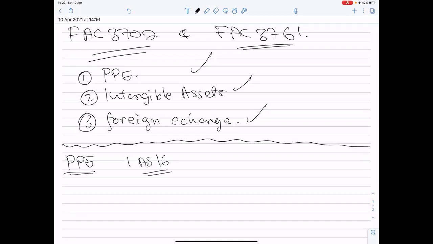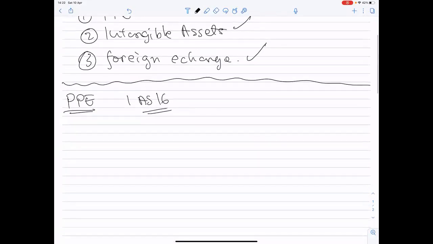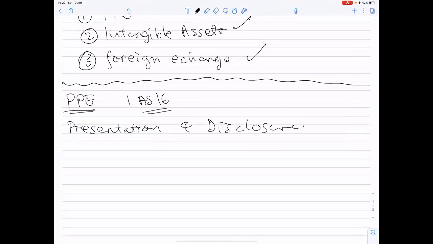But we don't have to go much into detail about IAS 16 because you've been doing it since you were first year. So the important thing with property, plant, and equipment in FAC 3702 is the presentation and the disclosure of your financial statement.